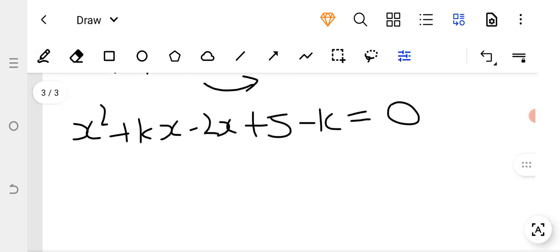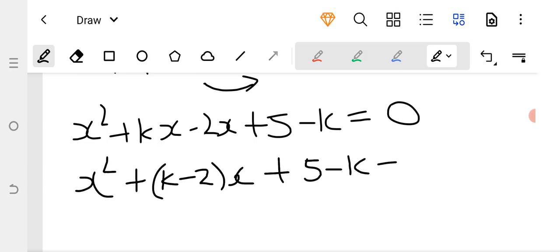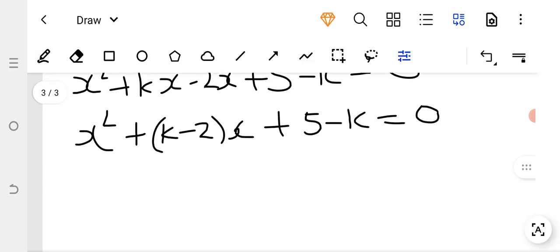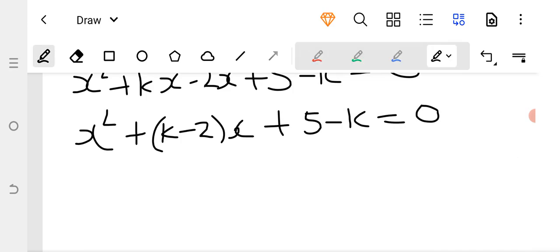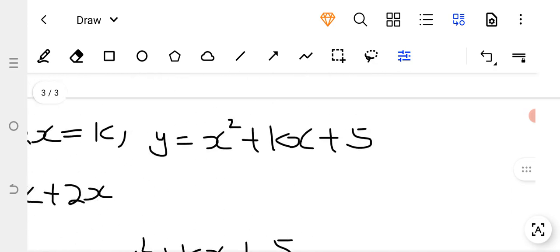Then to properly write this out so I don't get confused, it will be x squared plus k minus 2, factoring out the x, then this 5 minus k, you just leave it as it is because those are constants, they have no variable. Then your a is equal to 1, your b is equal to k minus 2, and your c is equal to 5 minus k. You reach that particular point.